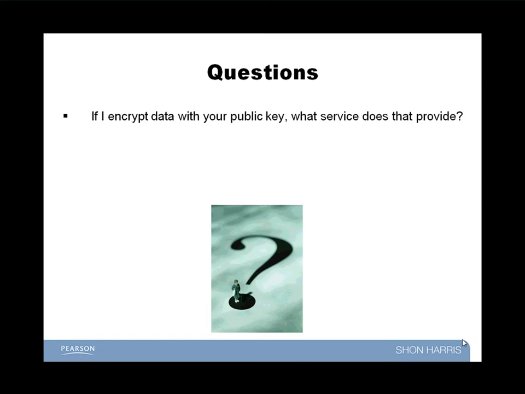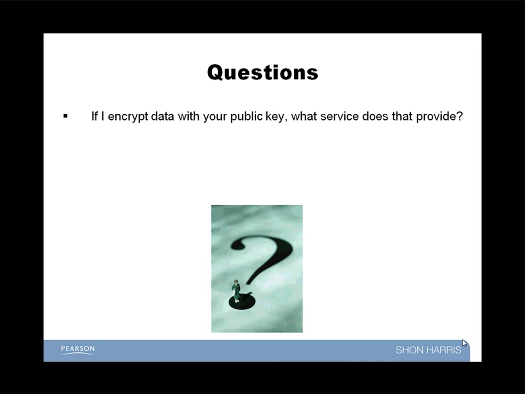Okay, so let's look at what services are provided. This means confidentiality, authentication or non-repudiation. We need to know what services are provided for each algorithm type. If I encrypt data with your public key, what service does that provide?